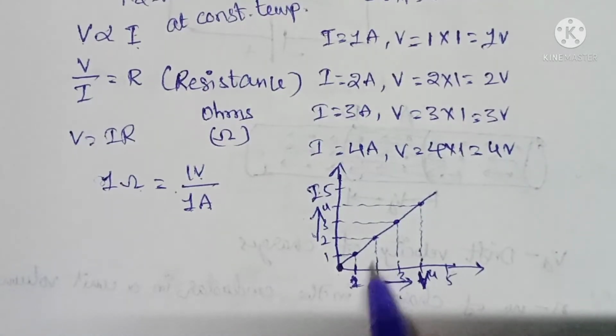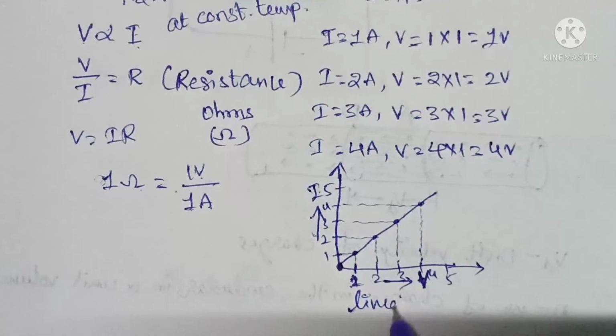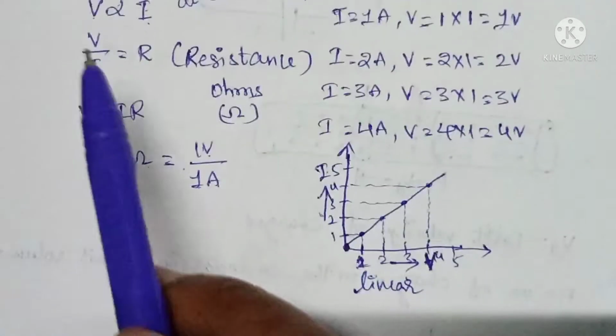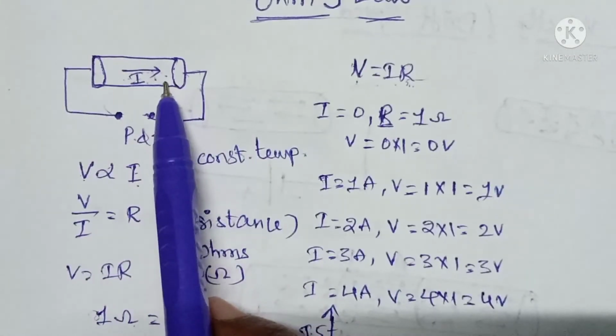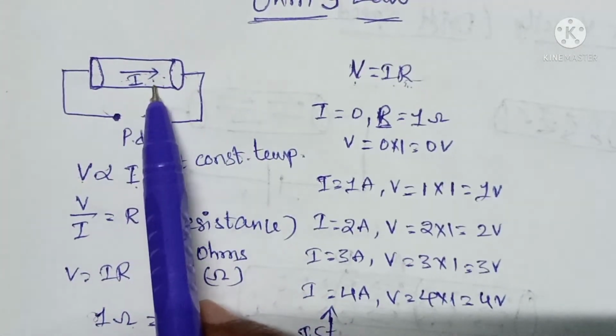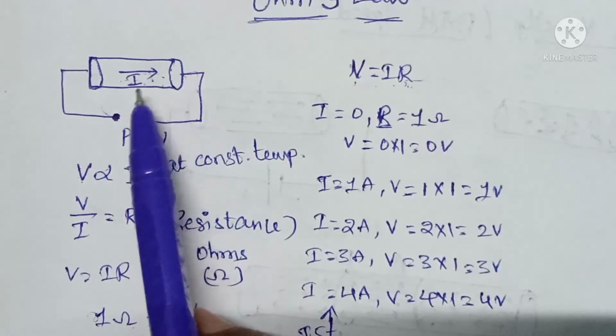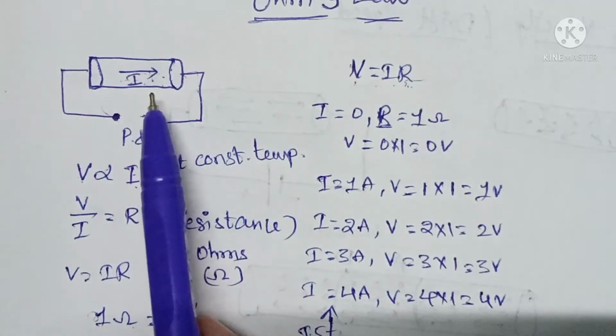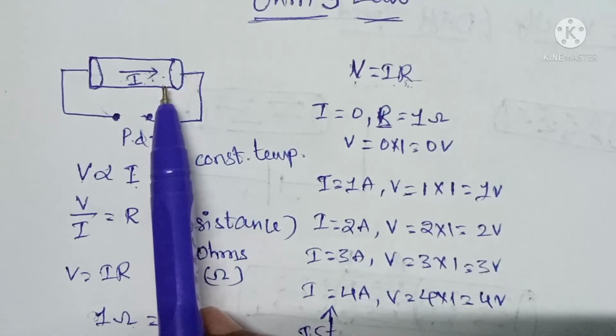These characteristics are called linear characteristics. So this conductor has linear characteristics. This material has a linear graph.